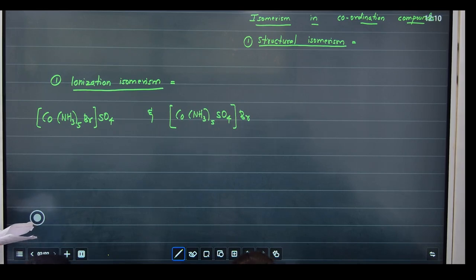Next point, they produce different ions in aqueous solution.